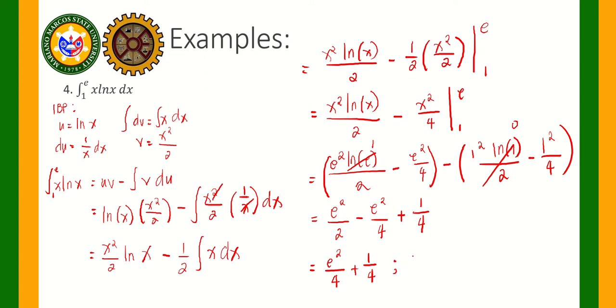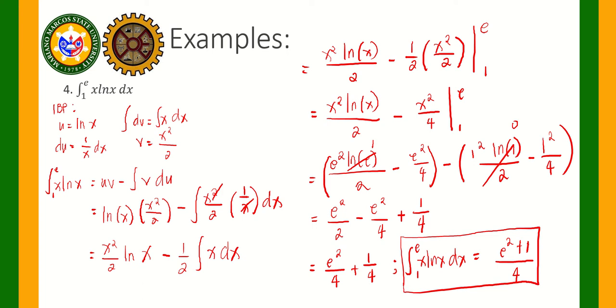So, the integral of x ln x dx, limits from 1 to e, is equal to (e squared plus 1) over 4. So, ito ngayon yung answer natin for example number 4. So, that is how you integrate functions with limits. Okay, so that is definite integral.